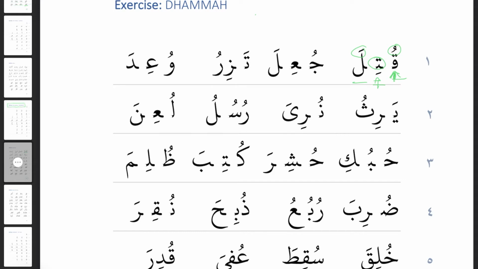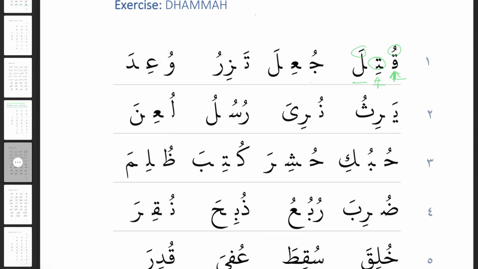So remember, I've said this before, you must identify what the letter is, then see what sound of vowel you've got, whether it's a, e, or u. Put the two together, and then you can read the letter with its vowel. So I'm going to go through this page slowly now, and hopefully, inshallah, you can follow along.